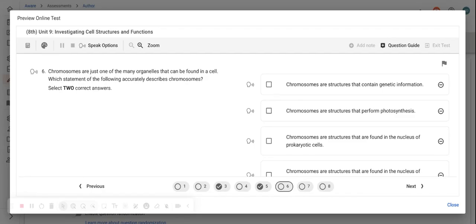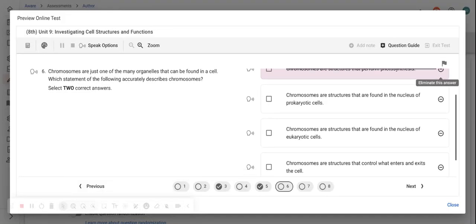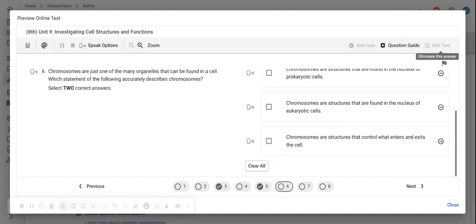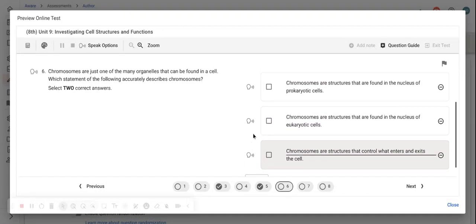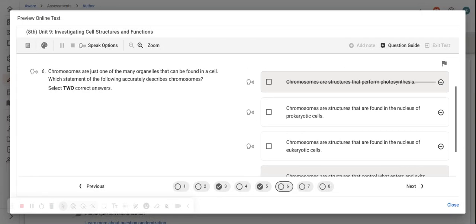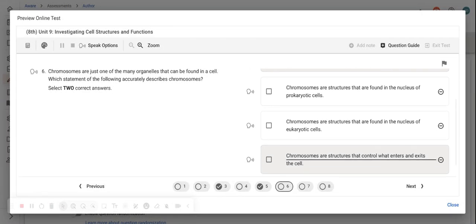Chromosomes are structures that carry genetic information like DNA. So that should eliminate some answer choices right away. So we can cross off the one for photosynthesis. We can cross off the one that says enter and exit. So now we're left with 3 answer choices.